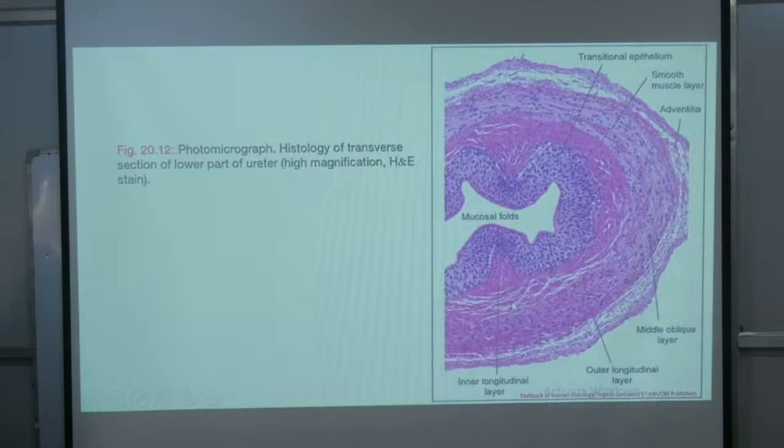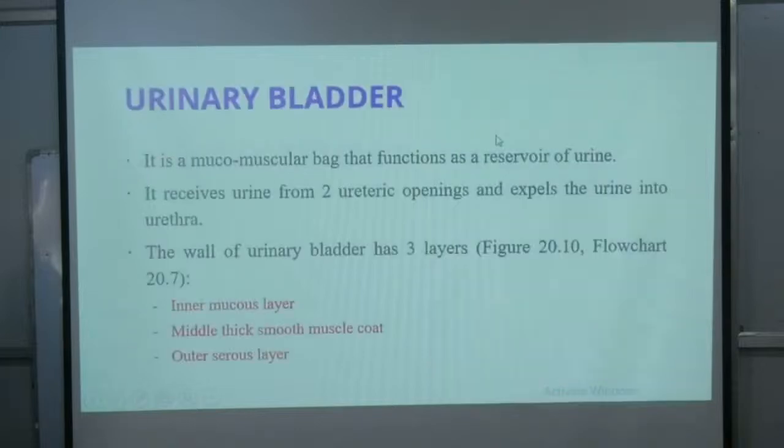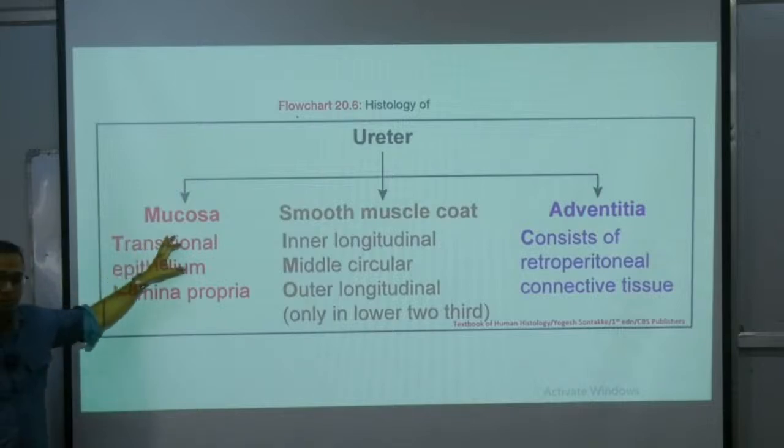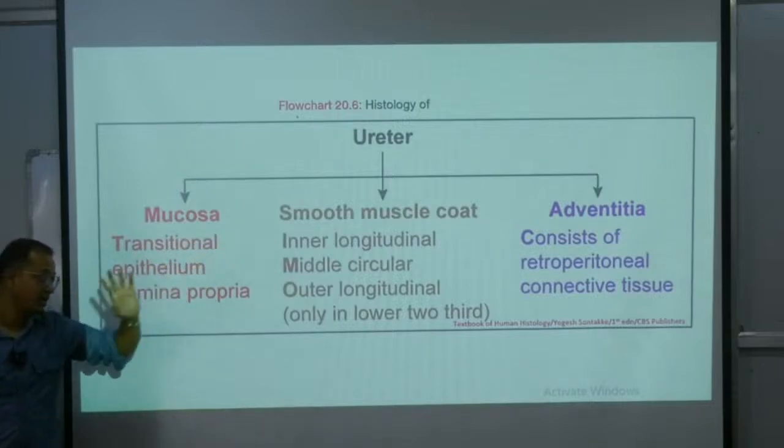This muscle layer actually penetrates into the lamina propria to some extent, and the thick muscle layer is arranged in 2-3 different layers, and then we have the adventitia. This epithelium we call transitional epithelium, which is the hallmark of the urinary system. So this is about the ureter, and if you have to memorize, you have to memorize these basic principles: mucosa, muscle layer, and adventitia.